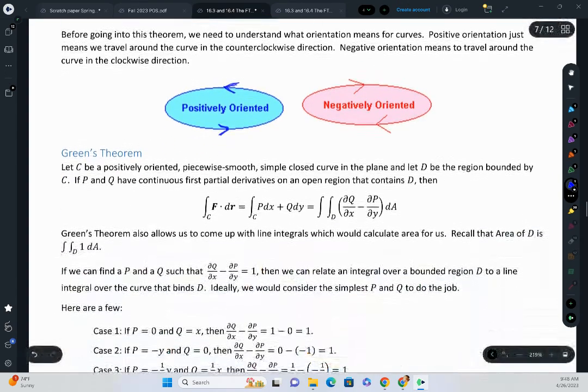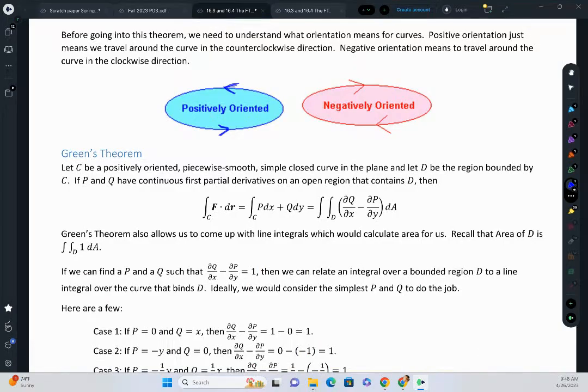So with Green's theorem, what we're told is if we have a curve and it's a simple closed curve, doesn't cross itself at all, and there's a region that is bound inside of that curve C, and if the components P and Q of our vector field have continuous first partial derivatives, then we get this really nice equality here.